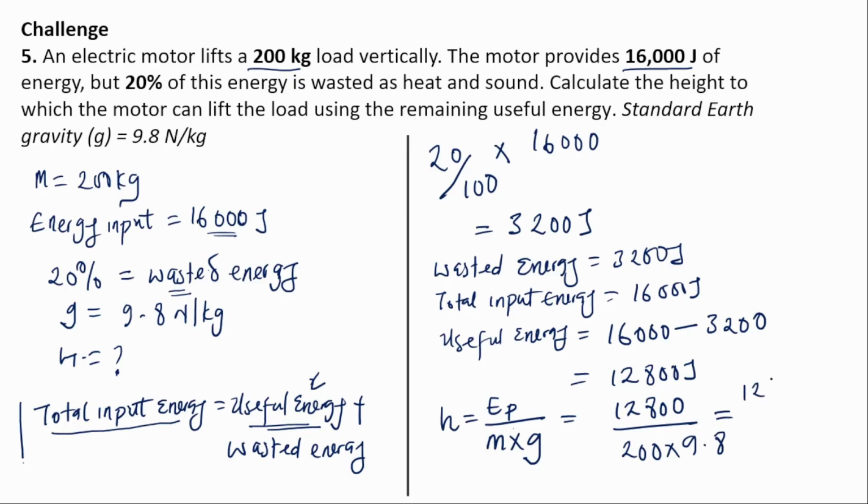We could write that this way. 1,960, which would give us approximately 6.5 meters. And that's how you solve a question like this.